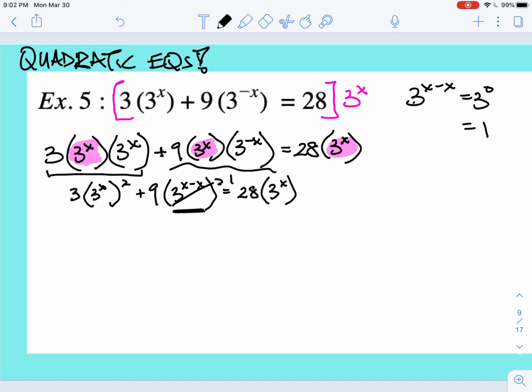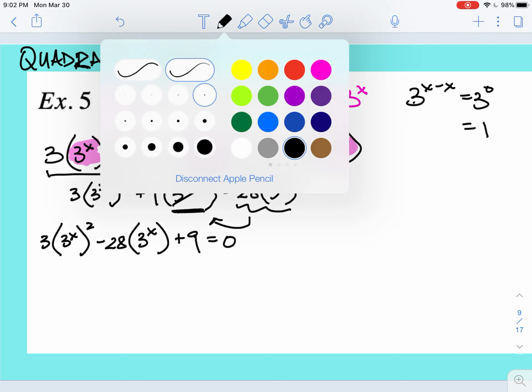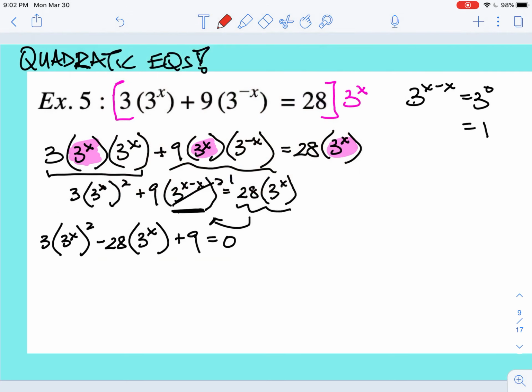Alright, so I'm going to do a few things here. I'm going to rewrite this with a 1, and I'm going to take this term and move it to the other side. So I've got 3 times 3 to the x squared minus 28 times 3 to the x, plus 9 equals, what's left on that right-hand side is 0. And now I'm going to do a little substitution.